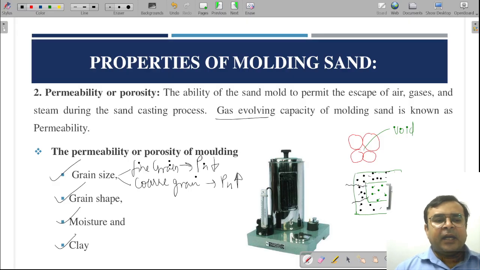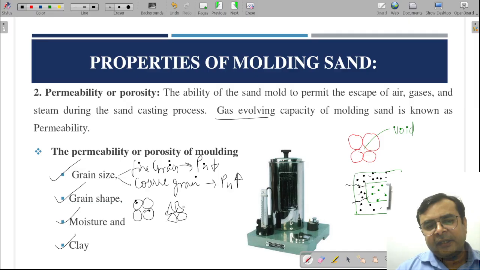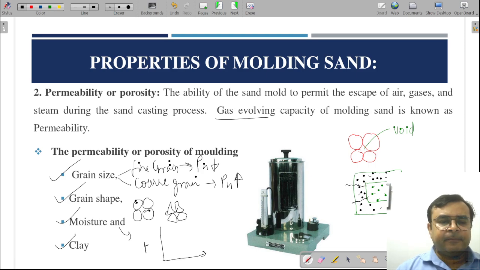And for grain shape, if you have a perfect spherical shape like this, then you will get better permeability, whereas if you have angular type grains like this, then you will get lower permeability. Moisture content: if I plot a graph between moisture versus permeability, initially permeability will increase, and after that it will decrease.